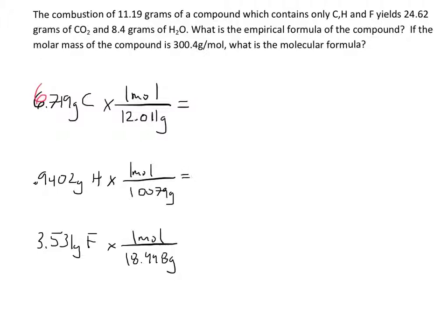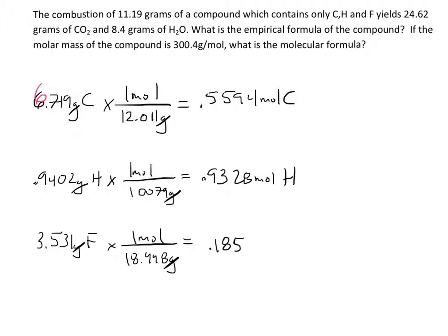So by converting them all into moles, we find out that there was 0.5594 moles of carbon, 0.9328 moles of hydrogen, and 0.1859 moles of fluorine.